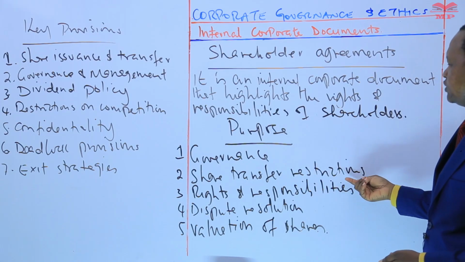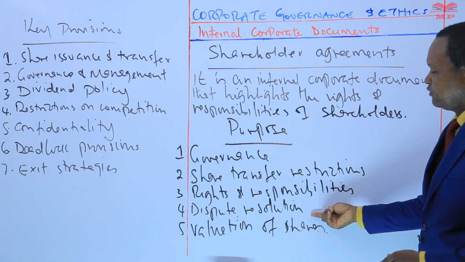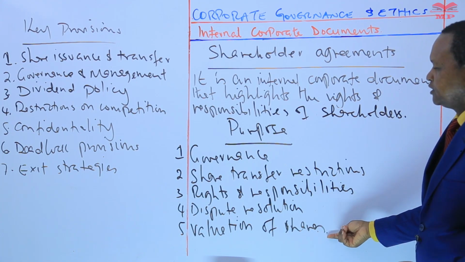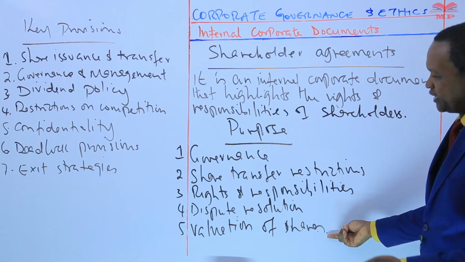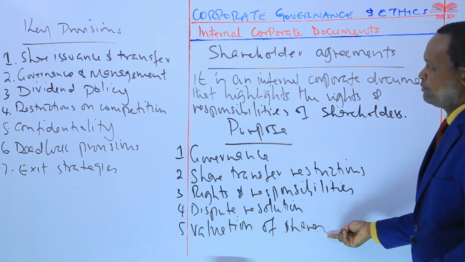Number 2, share transfer restrictions. Number 3, it highlights rights, responsibilities and obligations of the shareholders. Number 4 is in relation to dispute resolution. And lastly, it helps in specifying the methods of valuing the shares of a company.